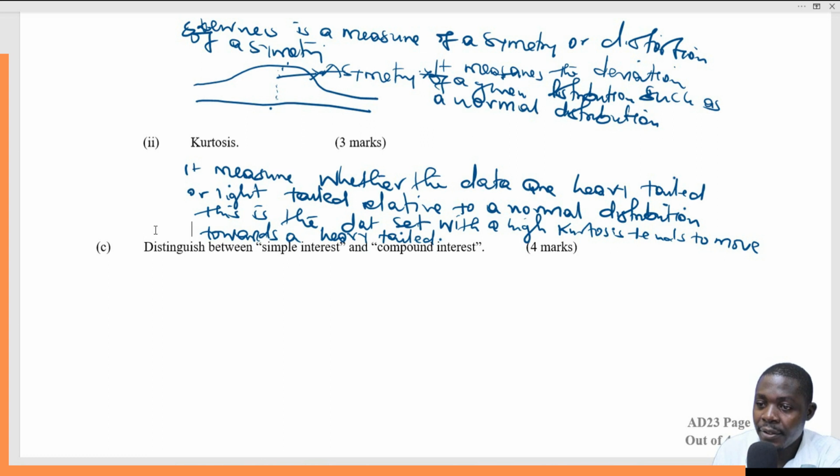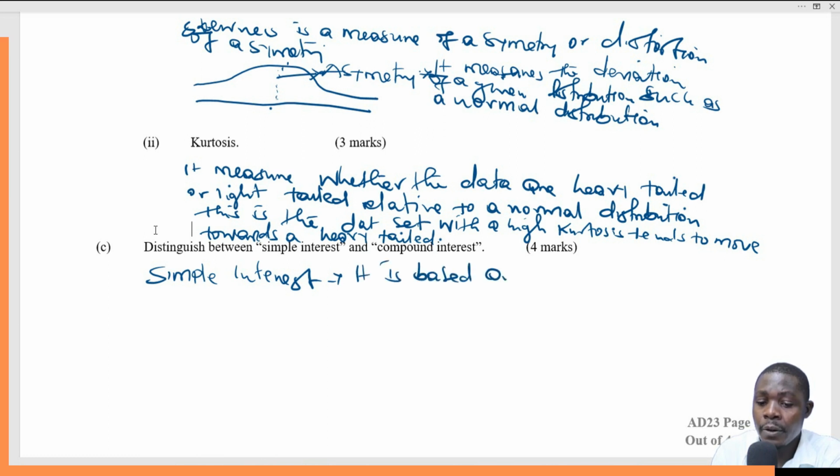Four marks. Distinguish between a simple interest and a compound interest. What is a simple interest? Let's start with simple interest. It is based on the principal amount of investment.